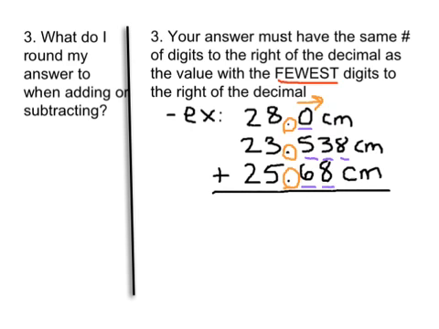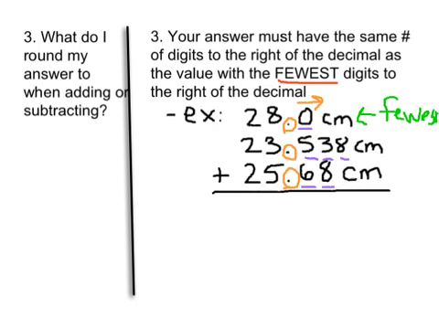So our rule is that our answer must match the number of digits to the right of the decimal as the measurement with the fewest. And so this measurement here has the fewest numbers to the right of our decimal.